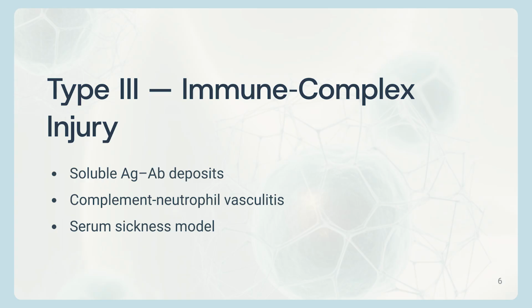So this inflammation can cause damage that's called vasculitis. A common example for this is serum sickness. This comes from immune complexes from foreign proteins in your medications like serums. It causes things like joint pain, rash, and fever.